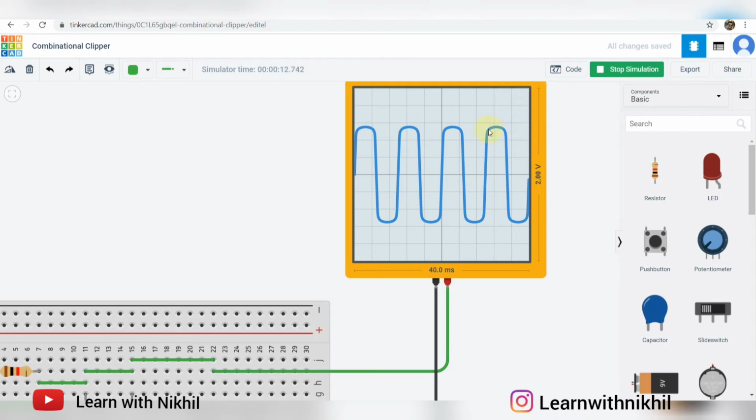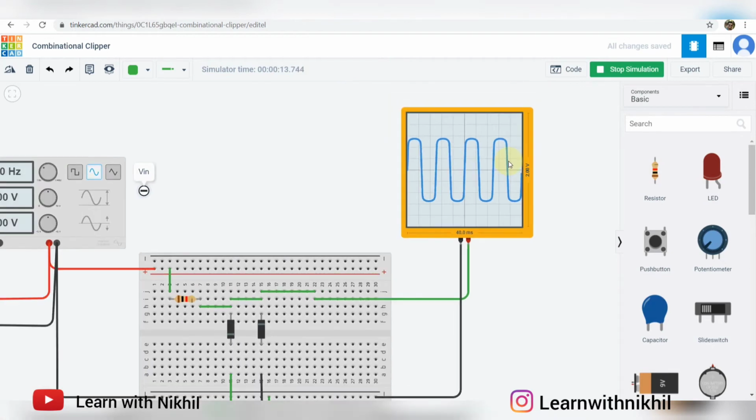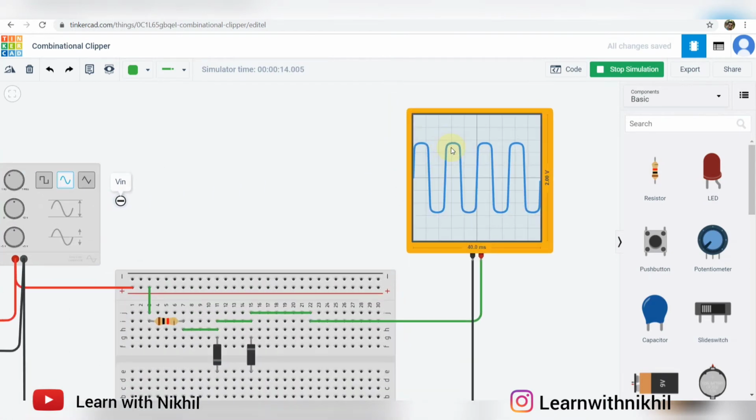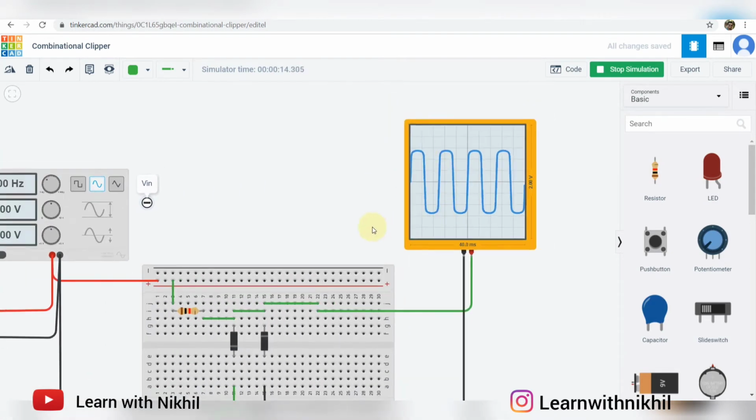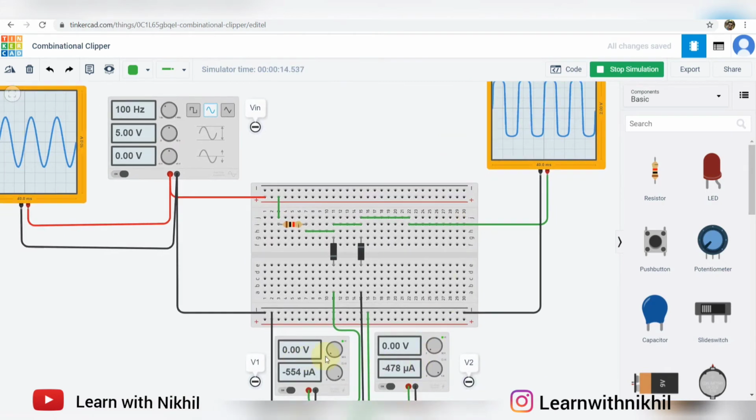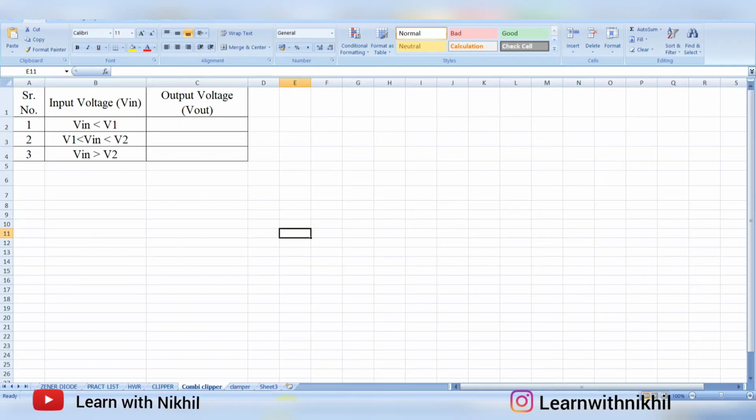If I calculate the whole amplitude, it will be 2 volts. So you can see the positive peak is also clipped, the negative peak is also clipped, when both the power supply outputs are 0.